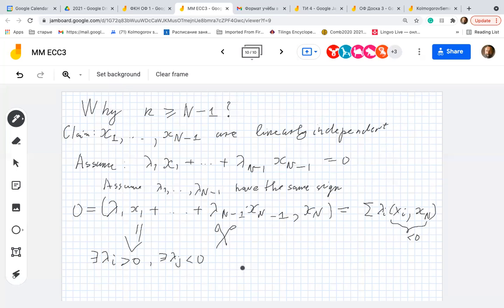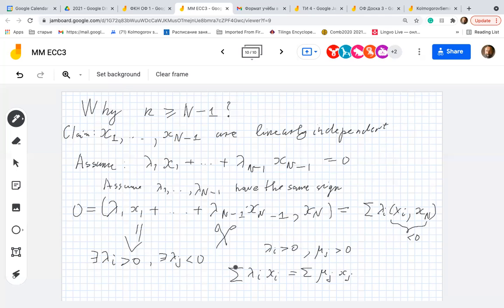So we obtain that the sum of some lambda i xi is equal to the sum of some, call them mu j xj, where all lambda i's are positive and all mu j's are also positive. And all the sums are non-trivial.